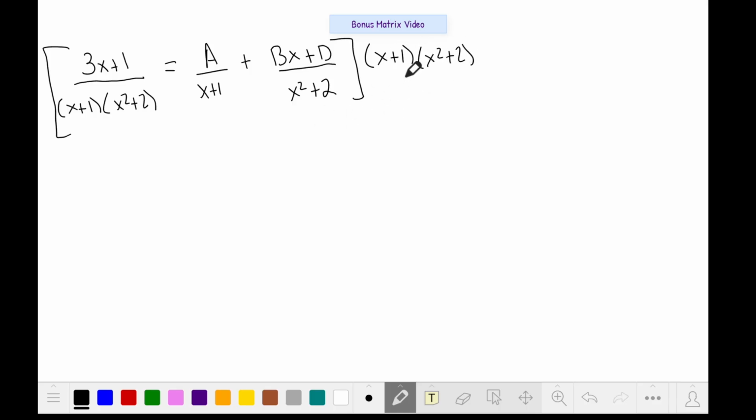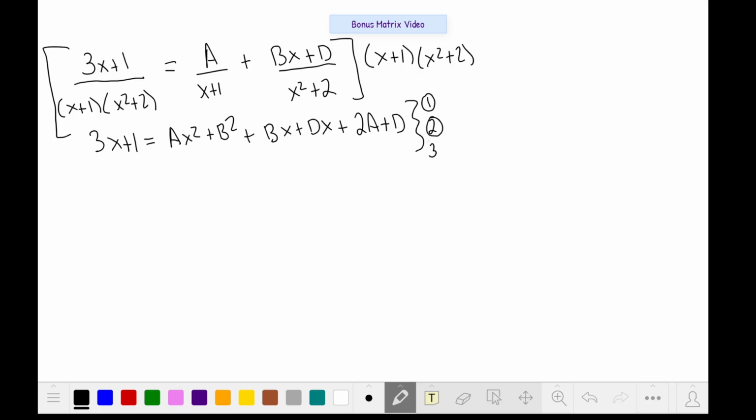We went through the algebra and we ended up getting an expression that looked like 3x plus 1 equals ax squared plus bx squared plus bx plus dx plus 2a plus d. And then we were able to take this and break it apart into a system of linear equations. So we have equations 1, 2, and 3.